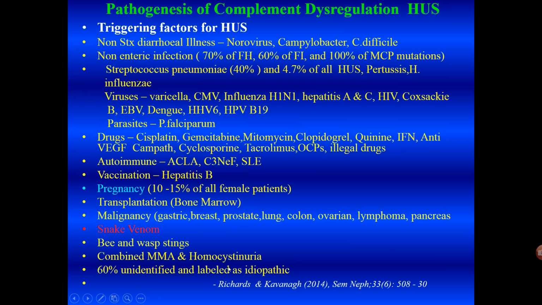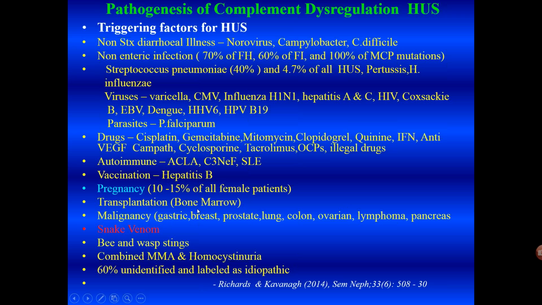And we have a whole lot of triggering factors: Shiga toxin diarrheal illnesses in susceptible patients, non-enteric infections, most notably Streptococcus pneumoniae, viruses, a whole lot of drugs, of which the ones known to ourselves, cyclosporin, tacrolimus, bevacizumab, are the common ones.